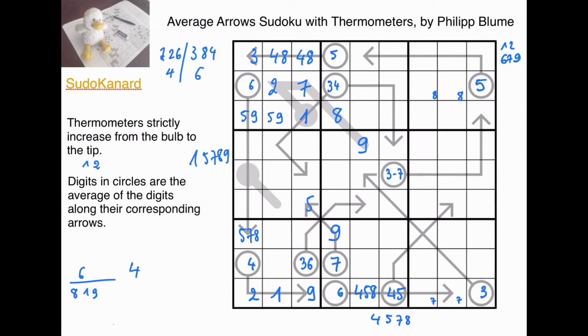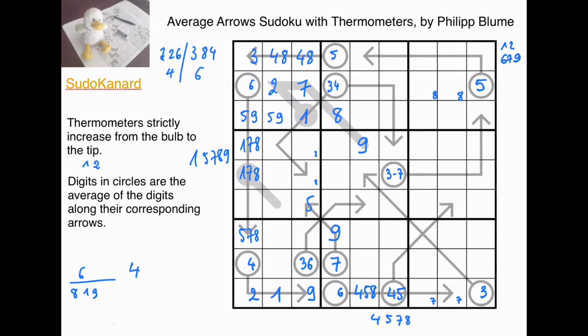This is not 9, that's 1, 7, or 8. This is not a 9 either. Nine can still go here or there. 9 here would make this a 5. Well, that's not very interesting actually. There's a 2 somewhere in one of those cells. Already said that, I think.